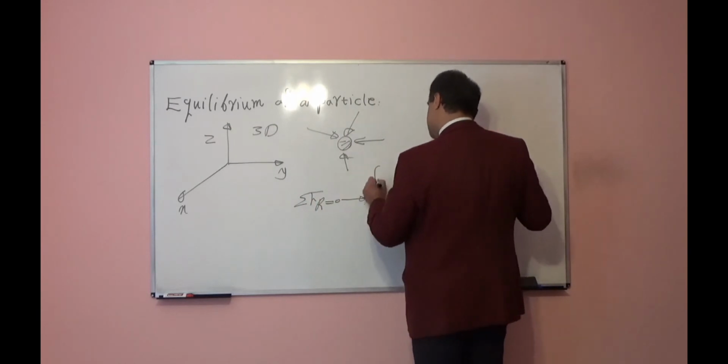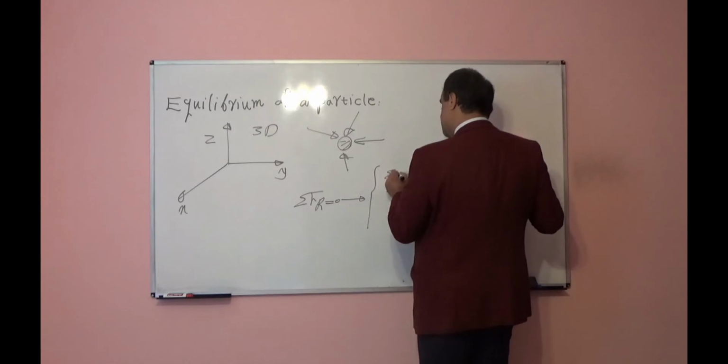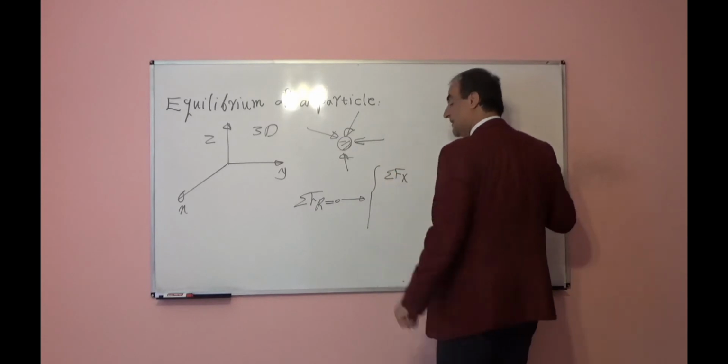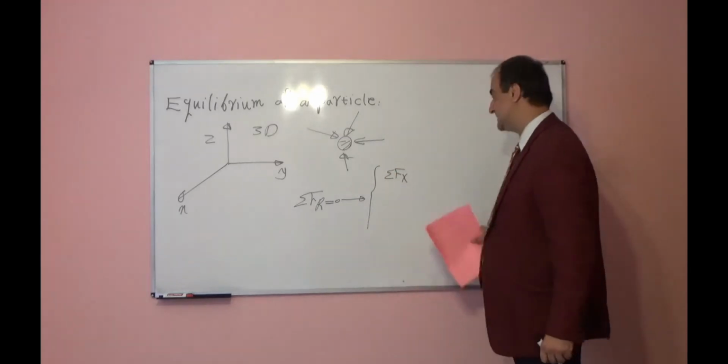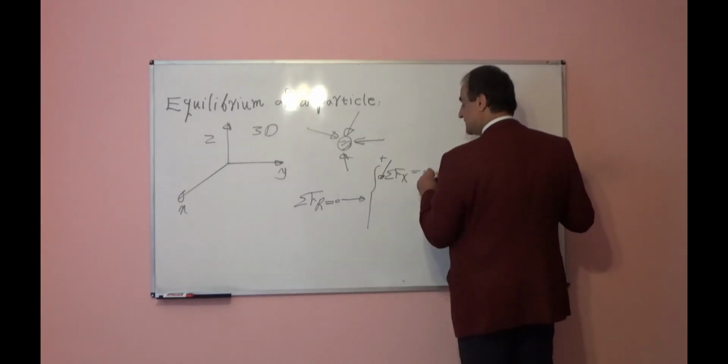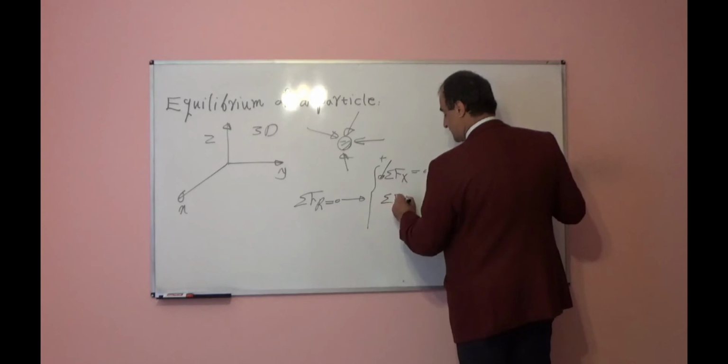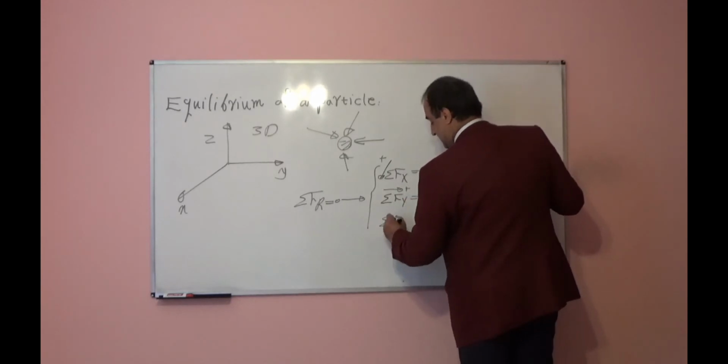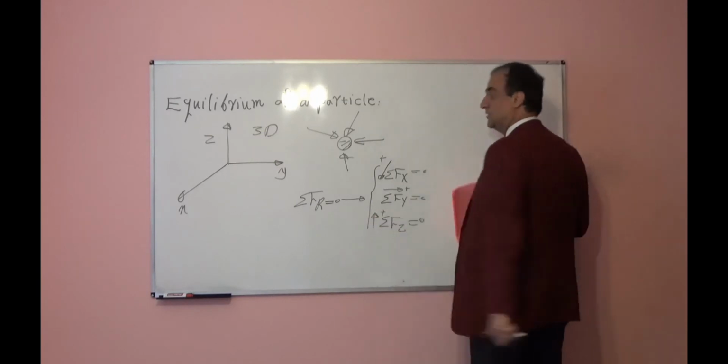This means if we decompose forces in the x, y, z direction, the summation of all forces in the x direction is equal to 0, in the y direction equal to 0, and in the z direction equal to 0.